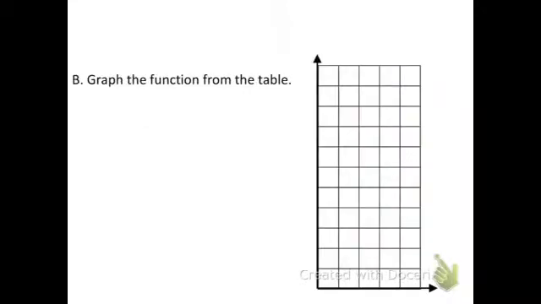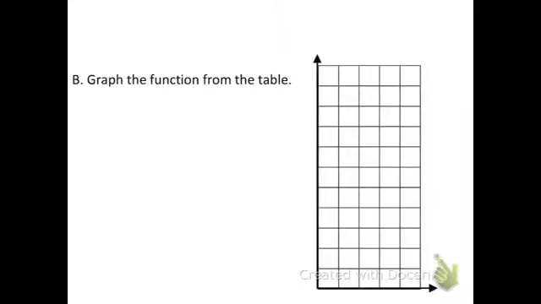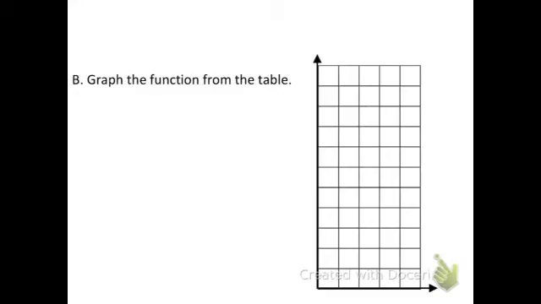Now we need to graph it. Well, this graph is going from 70 to 102 over the course of 4 hours. And so I'm going to have my little y-axis here, just count by ones. Starting with, man, that's a bad place for the graph here. Let me adjust it.